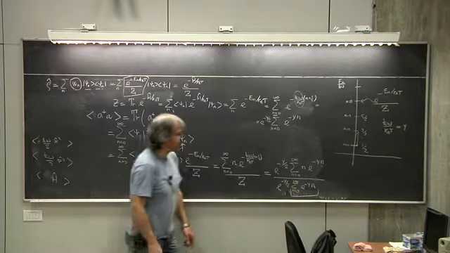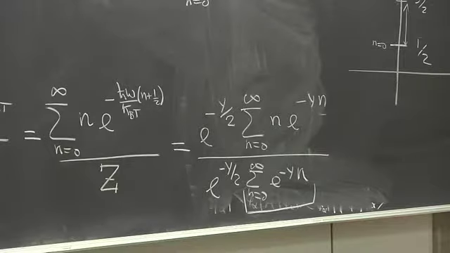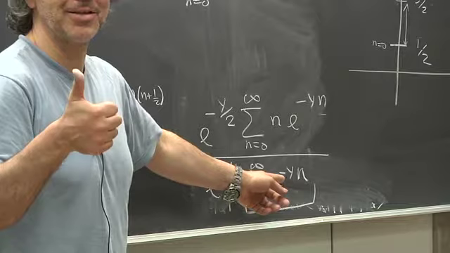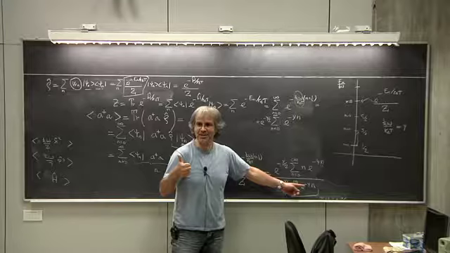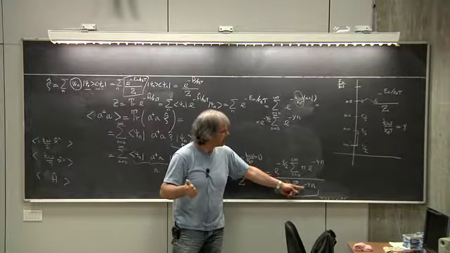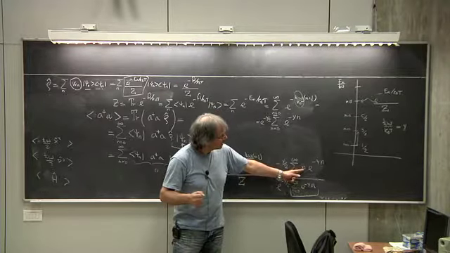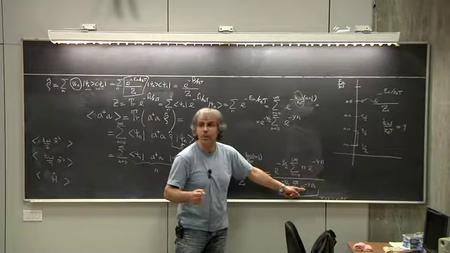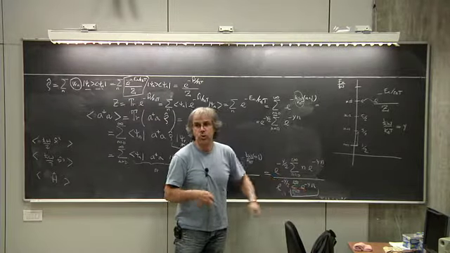This partition sum, first of all, can be calculated because it's a very simple series. It's the geometric series that is behind this. Second, what appears there is just the derivative with respect to y of what is in the denominator, okay? Which is also quite general.